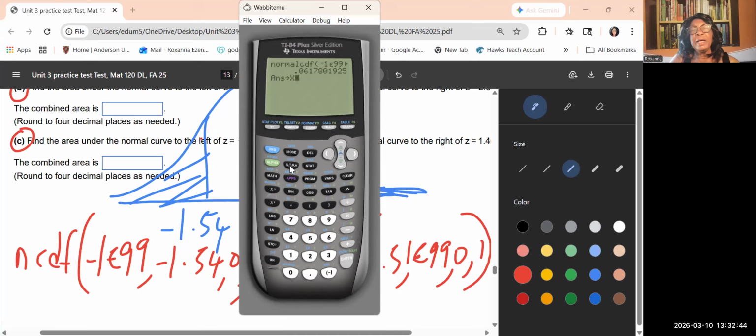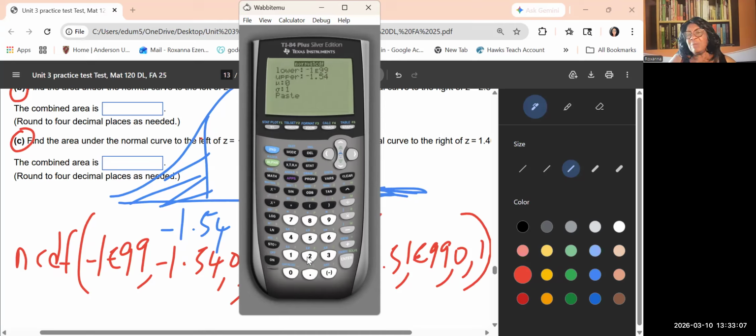So this is my answer for the first part. Then I will do number 2, the second part, separately. So I'll go back, second distribution, normalcdf.